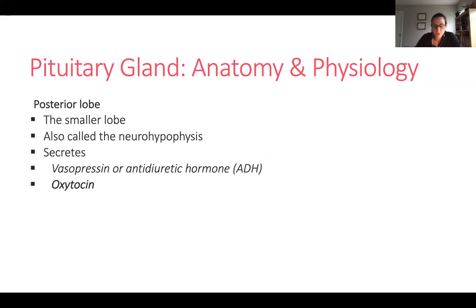So it helps you prevent dehydration in the body. And then the oxytocin, we've probably heard of it in maternity, not my specialty, but anyway, Pitocin, that causes contractions in the uterus when a woman is in labor. And it also works to release breast milk.